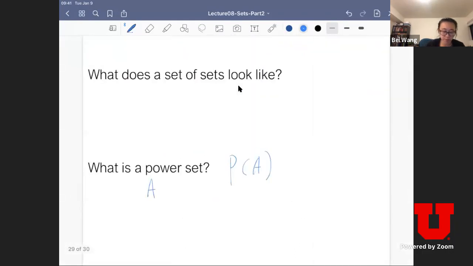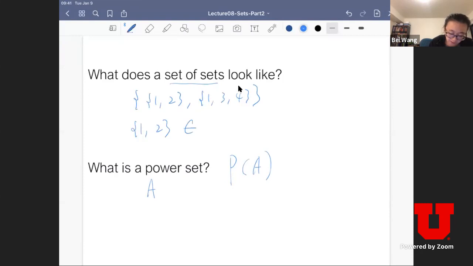Finally, if you recall, when we think about sets of sets, if we look at a set like this, this is a set of sets. The set {1, 2} is actually an element of this set. It's very important that it's an element, but it's not a subset.